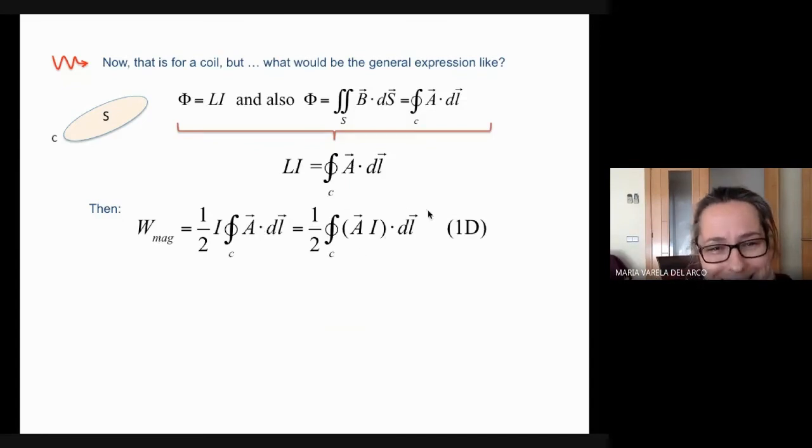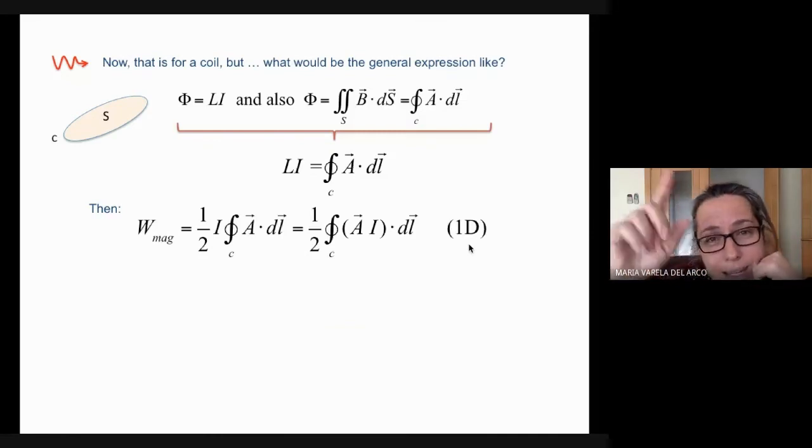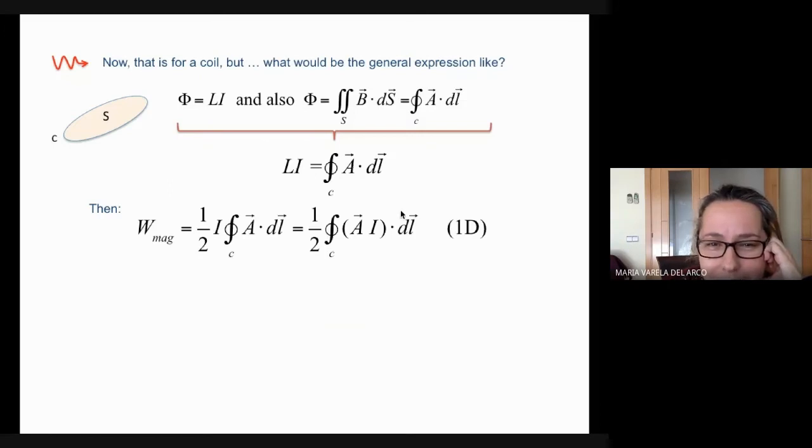And then this is the expression of the magnetic energy in a circuit. And this looks so much like the electrostatic energy, which was 1/2 of the integral of Q times the potential. Remember, here we have intensity times the potential.